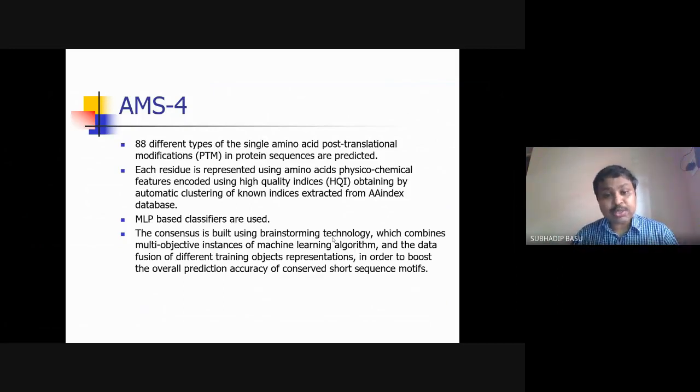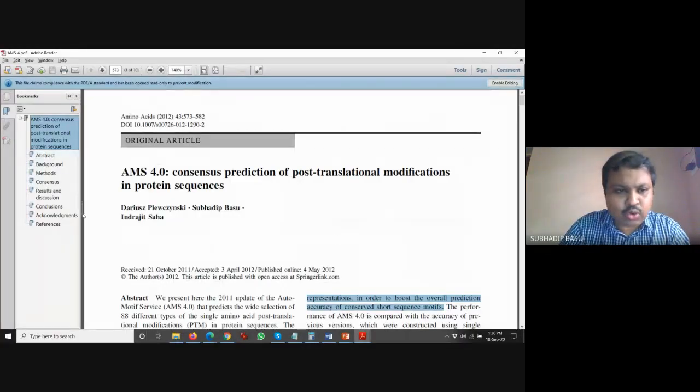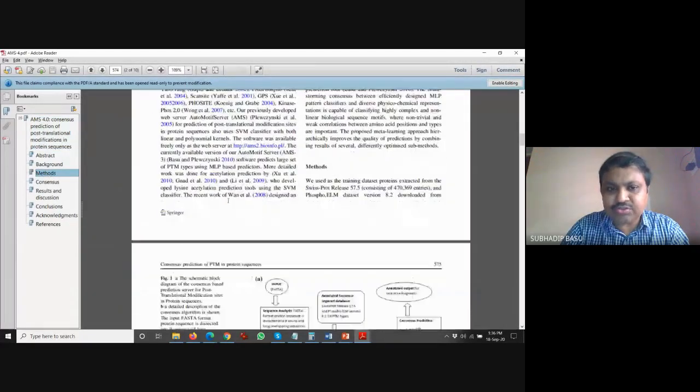The majority wins. But what is the strength of the majority? It is just slightly above the midway mark, or it is an overwhelming consensus. It's a full consensus. So you can actually tune, and you can have a quality of the consensus result. So in this work, in AMS-4, the quality consensus was implemented for 88 different types of PTMs.